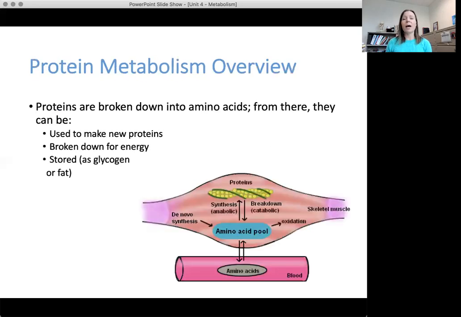Okay, so now protein metabolism. No matter what, proteins are broken down into amino acids. But from there, they can be either used for energy or used to make new proteins or stored for later.